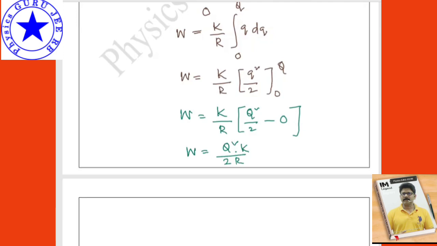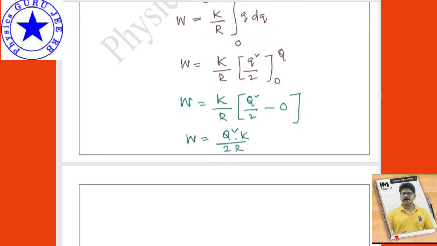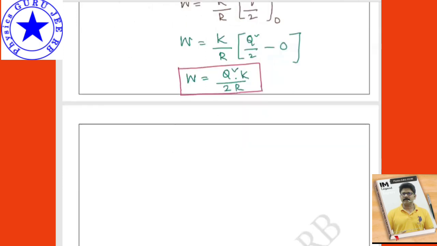Hope so. Fine. Now normally this work done is stored in the form of, how will it store this work done, the above work done, let me take it as equation number 1.